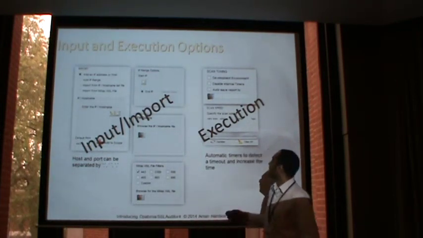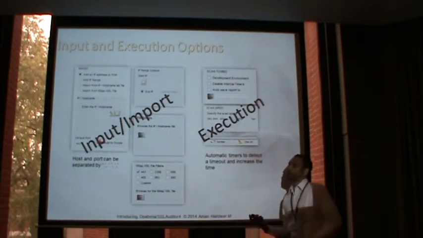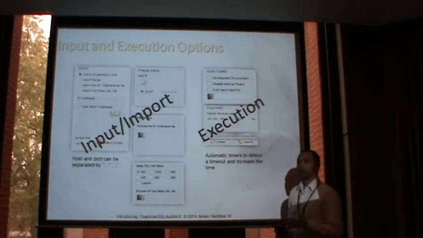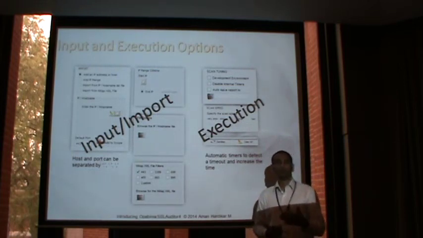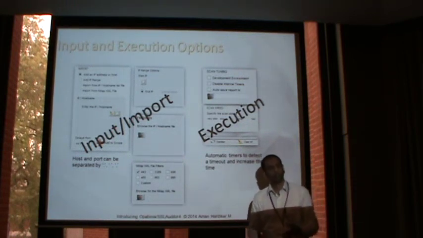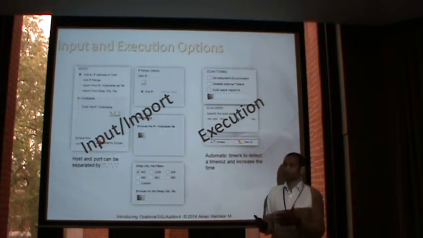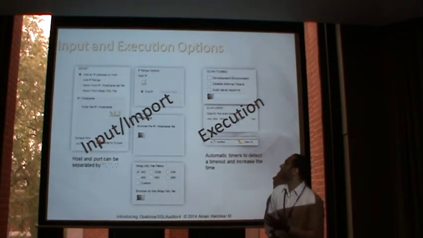Now let's come to the execution options. There are a few options which are quite important. The first one is development environment, since sometimes you might be testing SSL services in a development environment, and you don't want to flag self-signed certificates or untrusted certificates. So this option ignores 4 of the checks: revocation lists, self-signed, wildcard certificate, and trusted certificates.